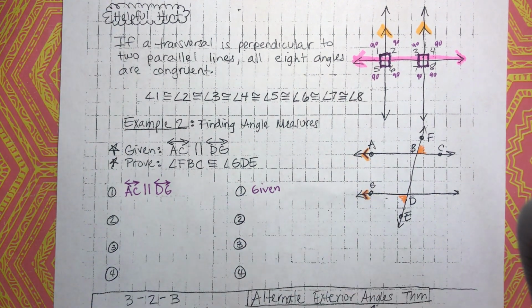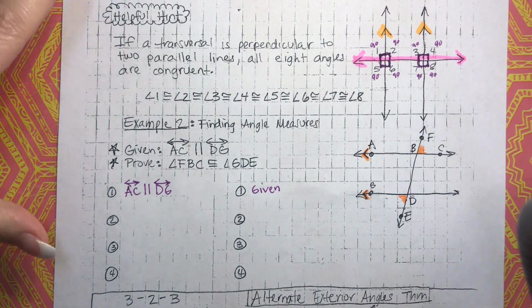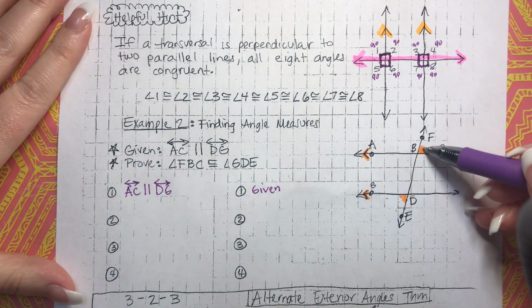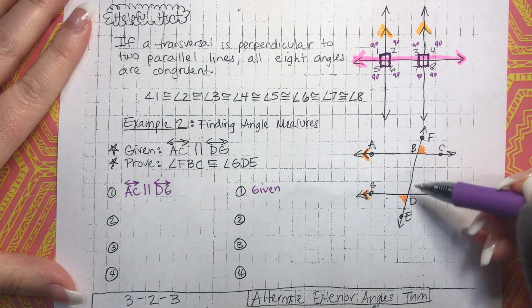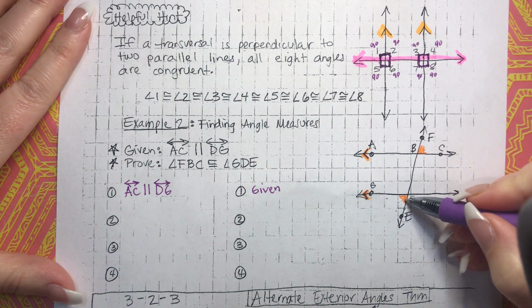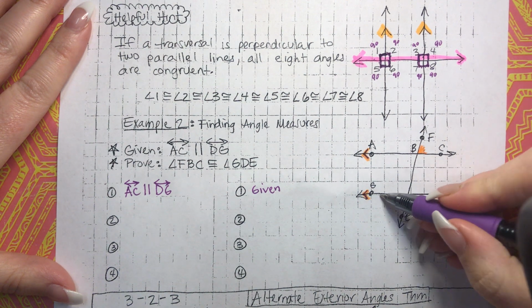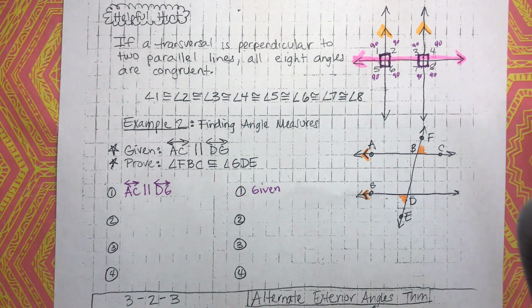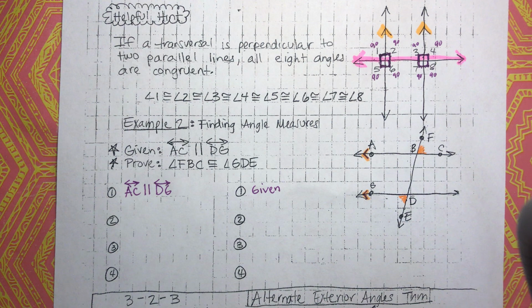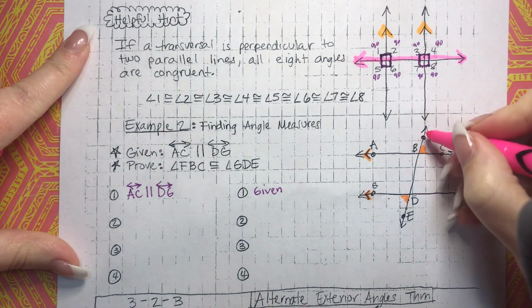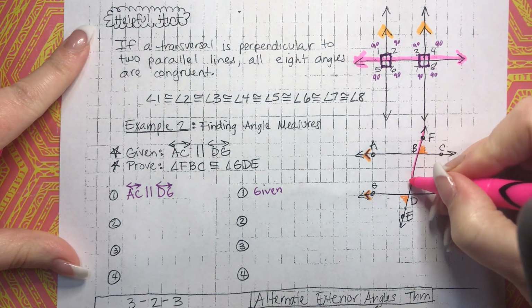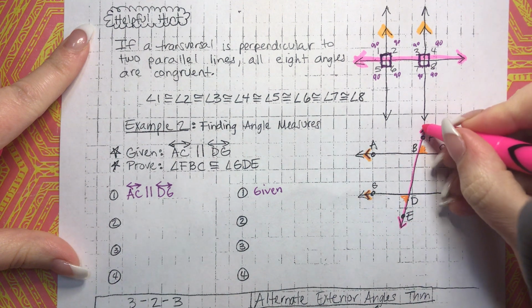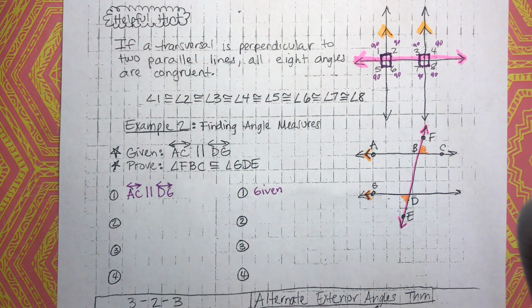Okay, and because of that, we know we can use the corresponding angles postulate. So we know we want to try to prove these. So let's go ahead and figure out what is the corresponding angle to this one right here. So we have to determine the transversal, right? It's the line that cuts through two parallel lines right here. Okay, so this is our transversal. All right. And so what do I know?